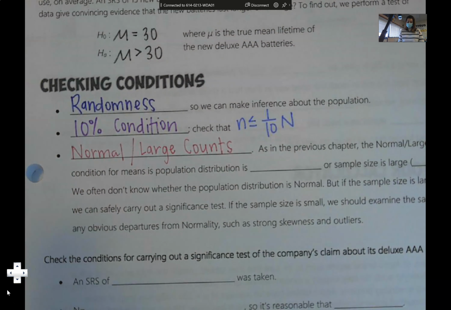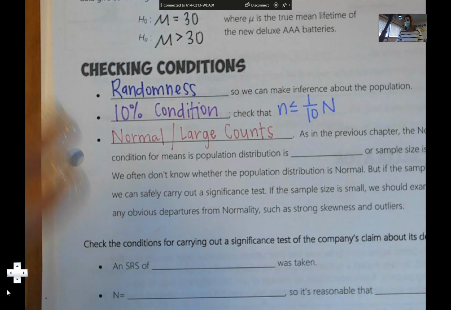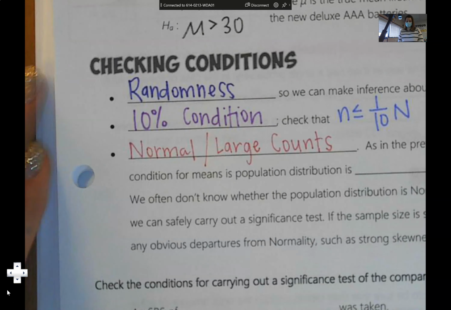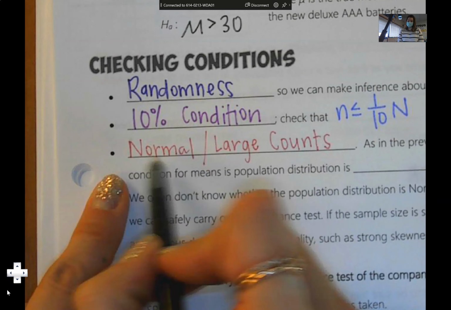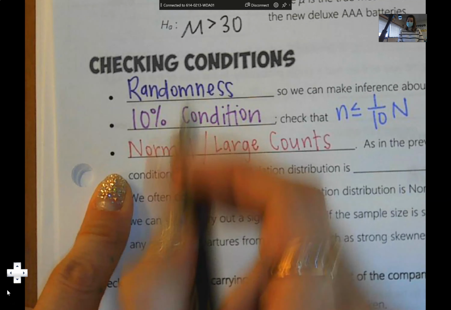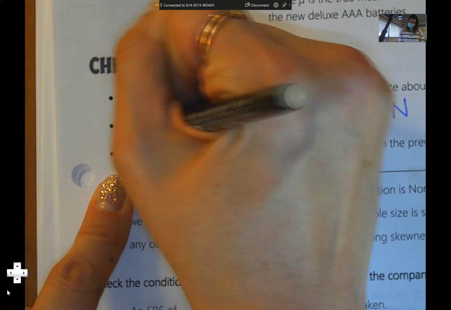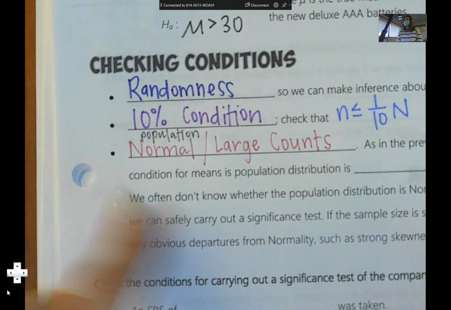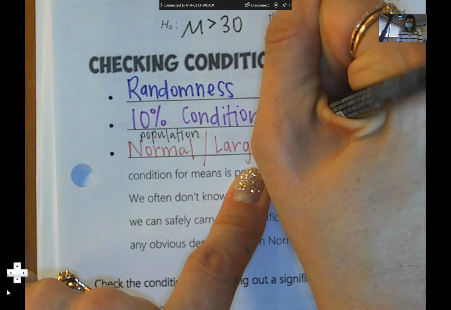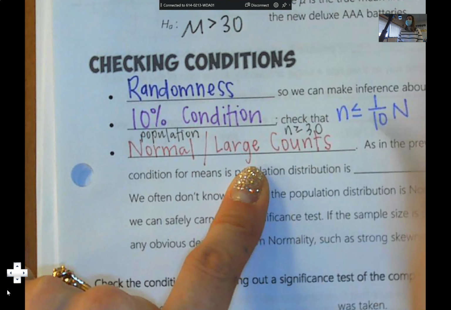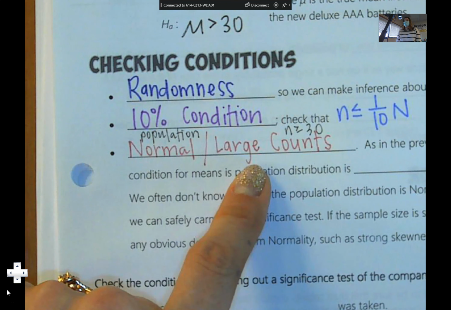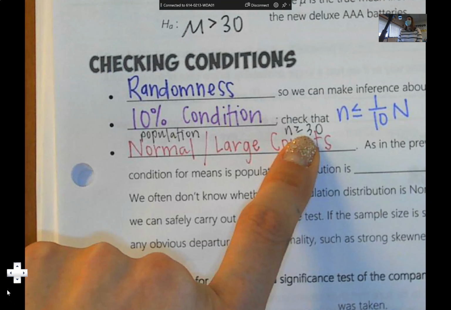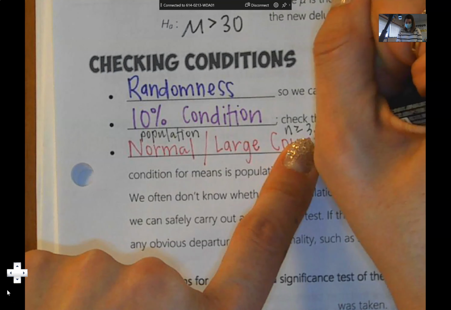So just to make sure that we talk about this a lot, when we check this condition, we're either checking that the population is normal, or we're checking that our sample size is greater than or equal to 30. Because in this case, the CLT applies.